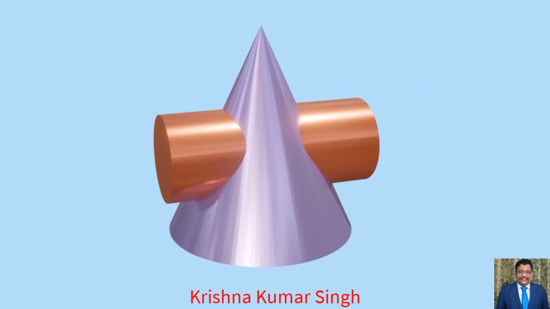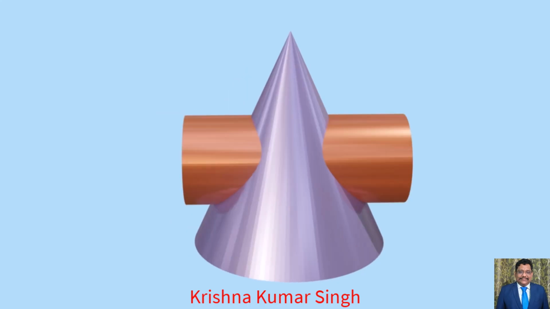When a solid intersects with another solid in such a way that it completely penetrates another solid, then there will exist two lines of intersection. As shown here, we can see the cylinder completely penetrates the cone, thereby forming two lines of intersection on both sides of the lateral surfaces of the cone. So these are the points one must know while drawing intersections of solids.